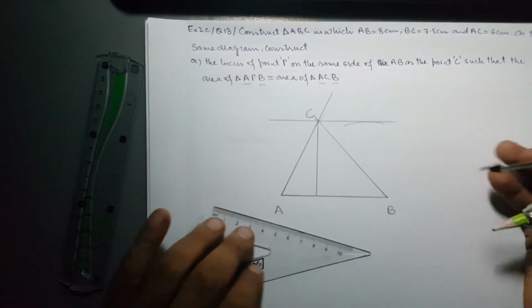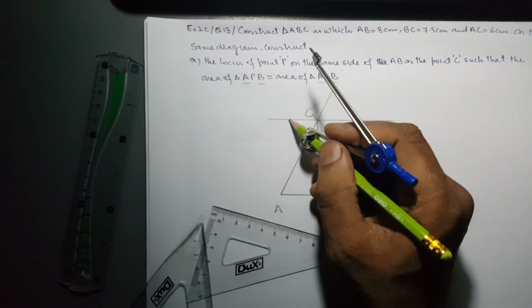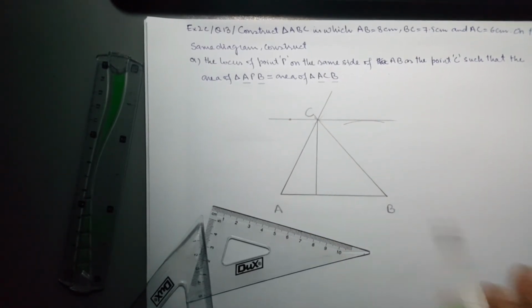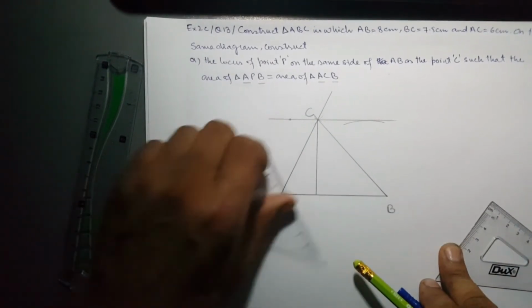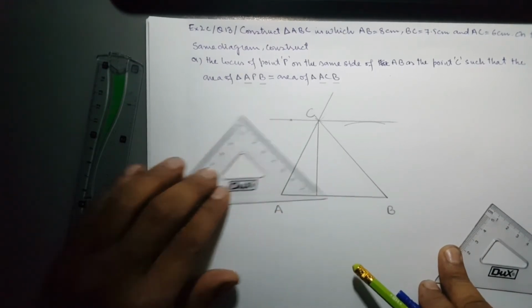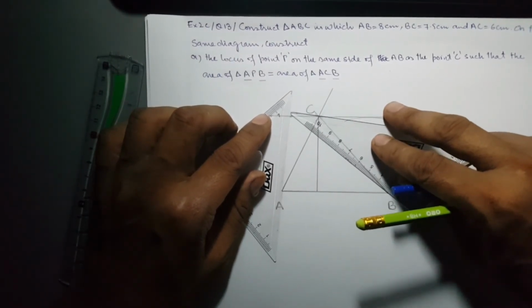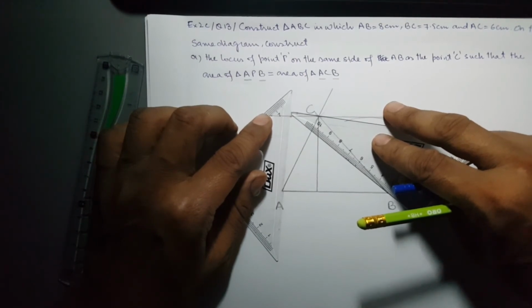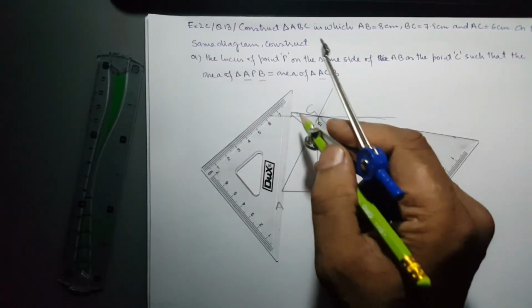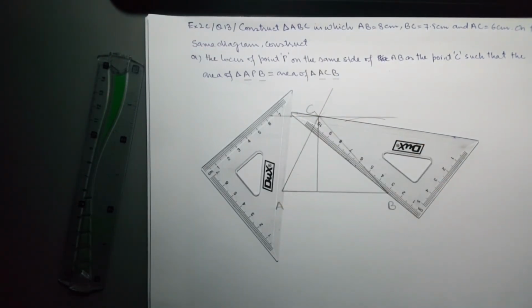This one. Now, when point P is on this parallel line, then the triangle APB, sorry, this triangle APB, this one, this triangle ABP has the same base and the same height.